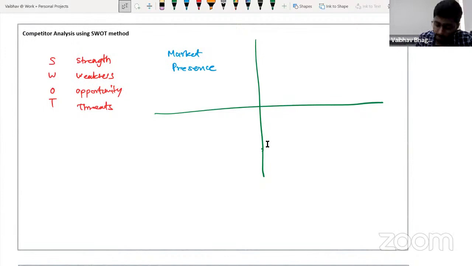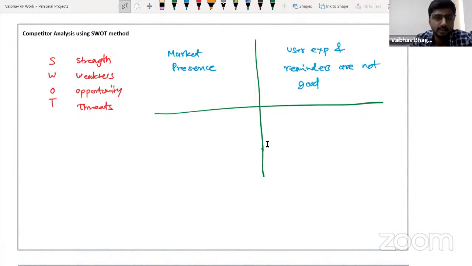So the weakness of the competitor becomes that user experience and reminders are not good. Just writing it down in basic English, but definitely while working on such things, you need to detail it out, and there can be multiple points. So this can be point number 1, then there can be point number 2, like that. Then the weakness, so this we wrote as strength.